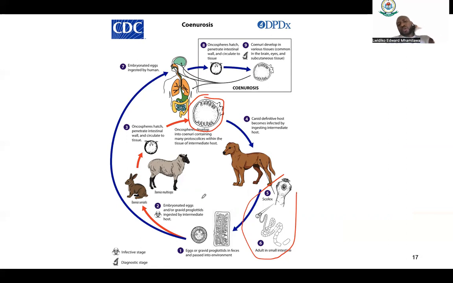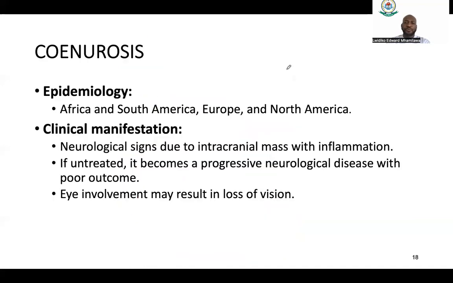Now, when a human being gets infected by eating contaminated vegetables, the same thing happens: the oncospheres hatch in the intestinal walls, circulate into the tissue, and get into the subcutaneous tissues or the eyes. So again, they can be found as tropical diseases in Africa, South America, Europe, and North America.